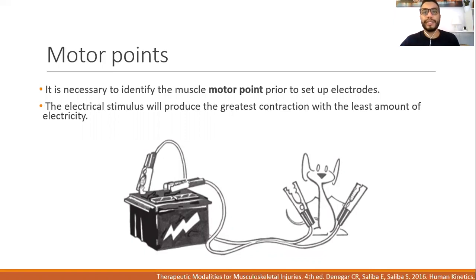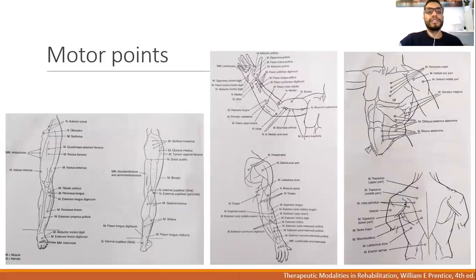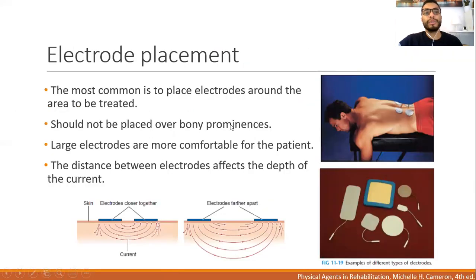We can always opt to find the motor point, and there we will need less intensity of electricity. Okay. So these pictures illustrate the different motor points that we can find in different areas in the lower limbs, upper limbs, chest, abdomen, and back. And how to place the electrodes.